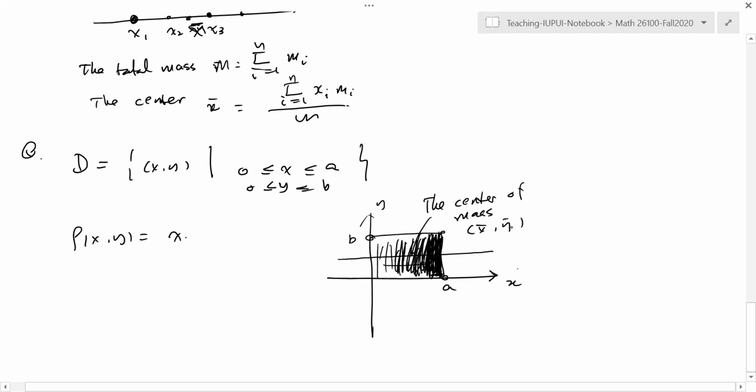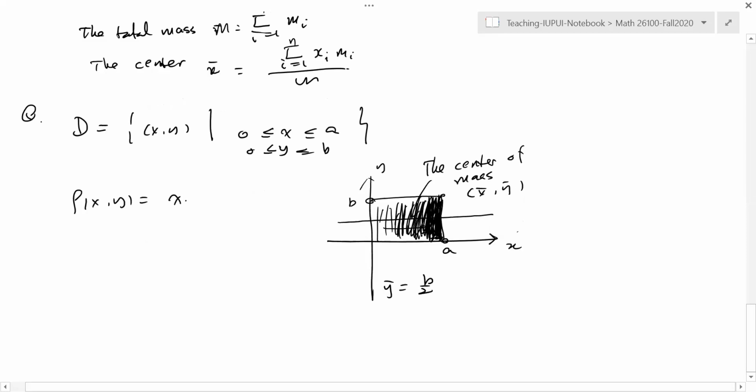Before I do the computation, by symmetry I can get some information here. Y bar must be half of b. I don't need any computation. But x bar should be greater than half of a. Why? Because the right hand side is much heavier. Clear? So before you do the computation, you need to know something.